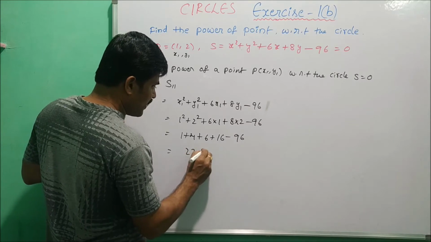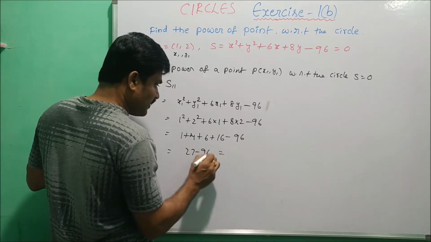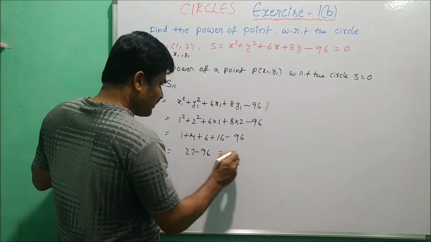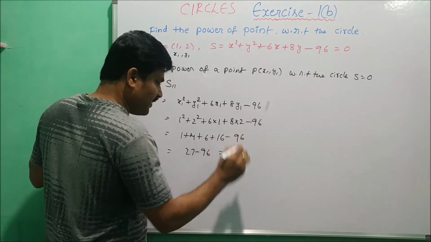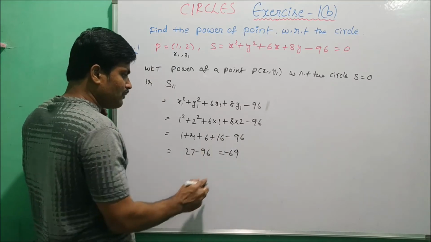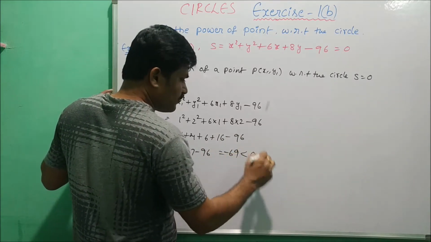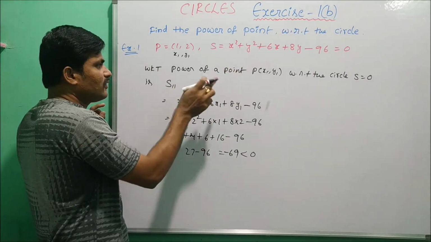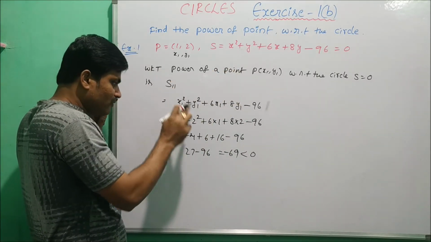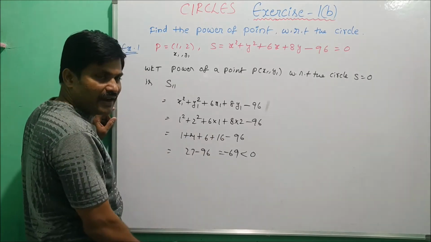So 27 minus 96 equals minus 69. So clearly we have to observe this is negative. Now the power of the point with respect to the circle S = 0 is S11, and here S11 equals minus 69.